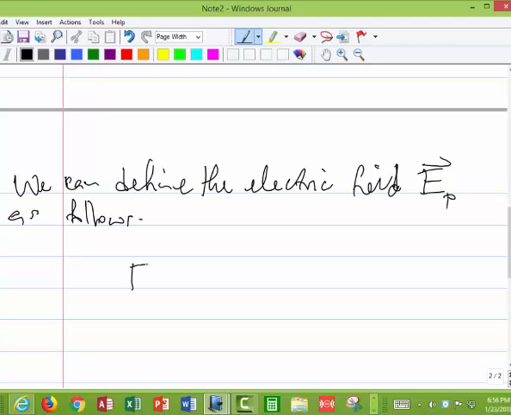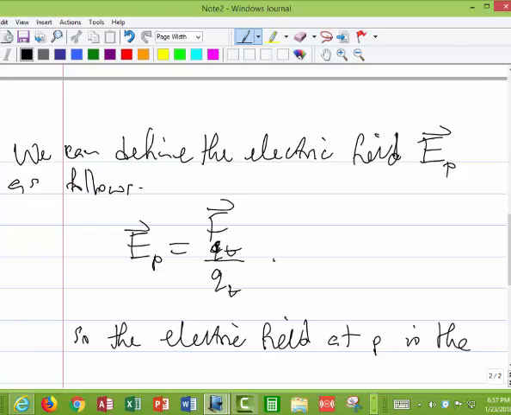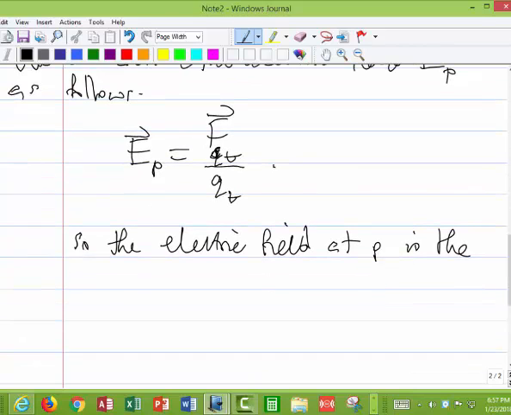So the electric field at the point P due to the source charge is equal to the force on the test charge divided by the test charge Q subscript T. So it is a force per unit test charge. So the electric field is a force on a test charge at some point in space.